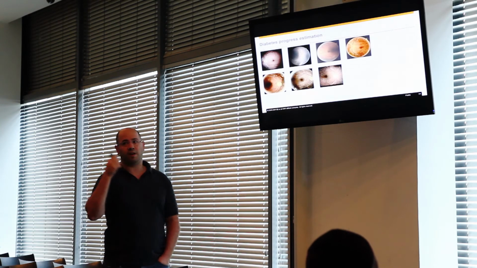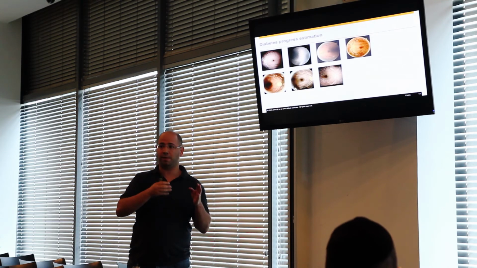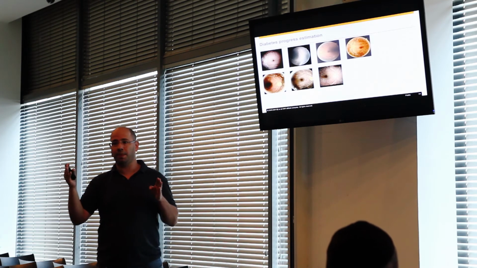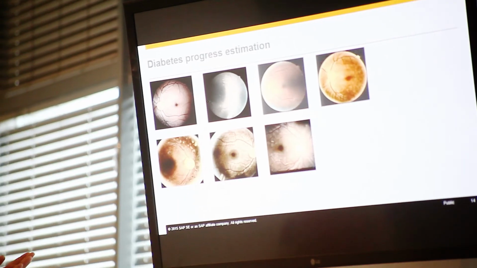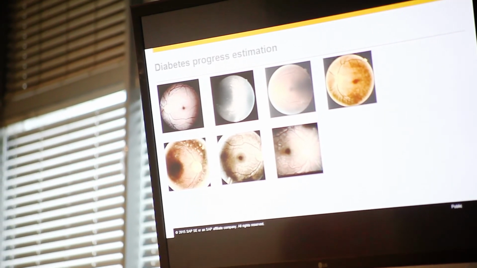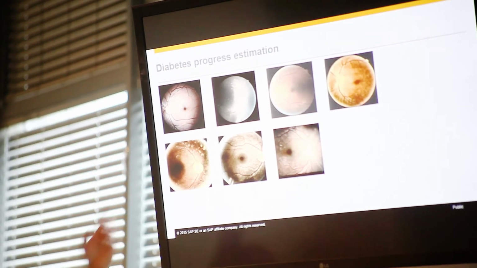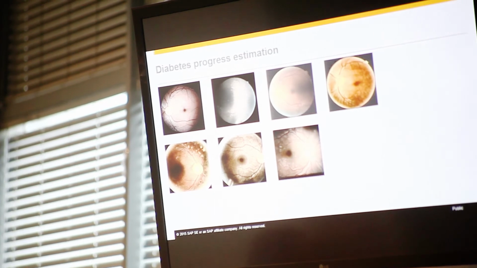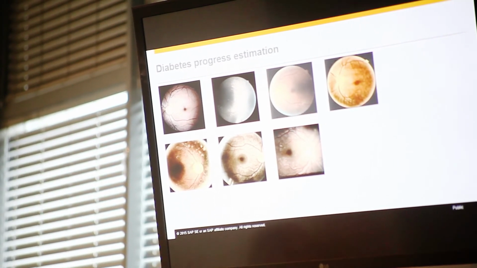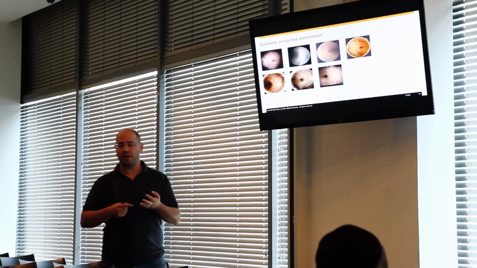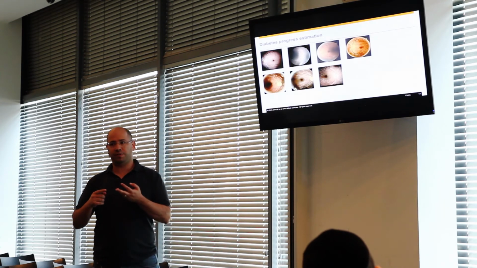There are 5 stages of diabetes, labeled from 0 to 4. Just by looking at these images, it's very hard to tell which is which. You can see different colors because the images are taken with different equipment, bad resolution, sometimes the person moves a little.